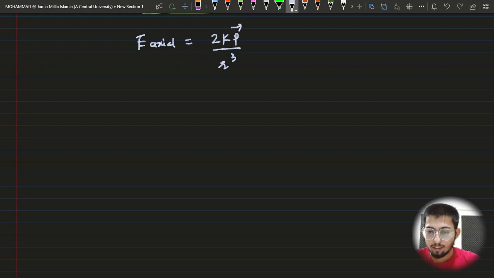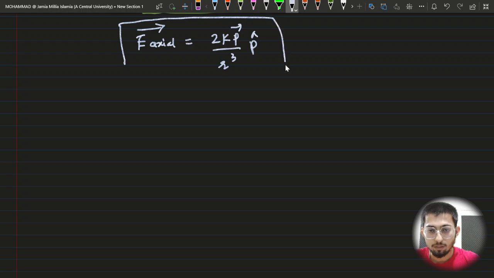That is the electric field at the axial point, and it is in the direction of the dipole moment, that is from negative to positive charge, right?